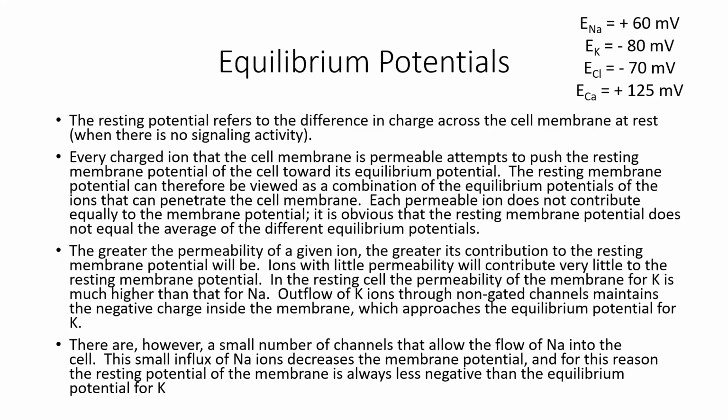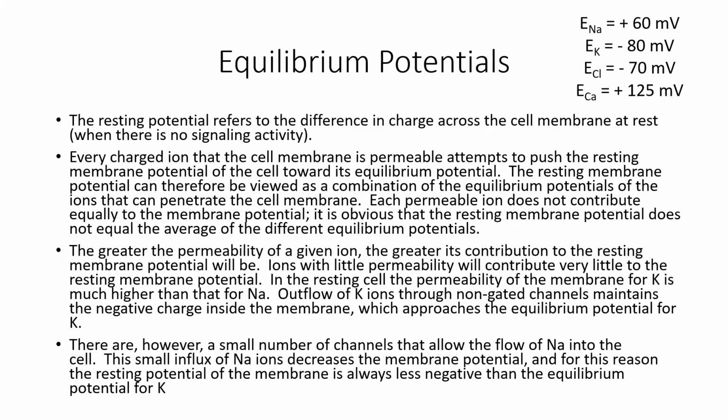And another thing here, which is going to help us to understand this specific detail, is the term called equilibrium potentials. Every charged ion that the cell membrane is permeable to attempts to push the resting membrane potential of the cell towards its equilibrium potential.